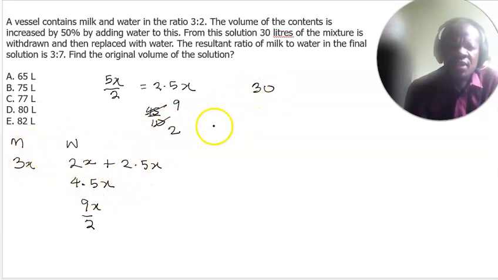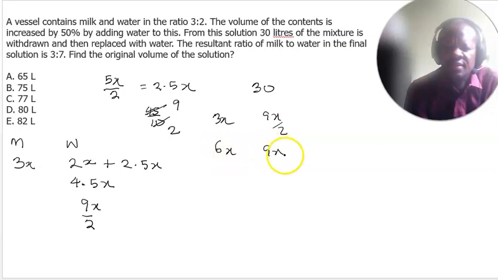In order to do that, we need to know the ratio of milk and water in this new mixture. So what's the ratio of 3x to 9x/2? We multiply both sides by 2, that gives us 6x to 9x. Divide both sides by 3x, that gives us 2 to 3. So the ratio of milk to water is 2:3.